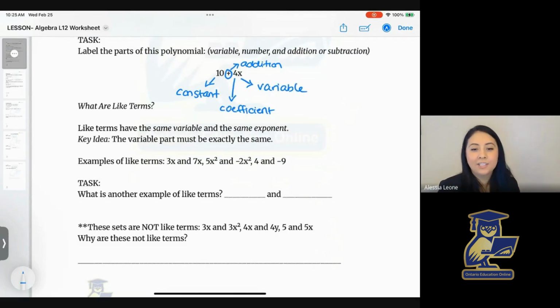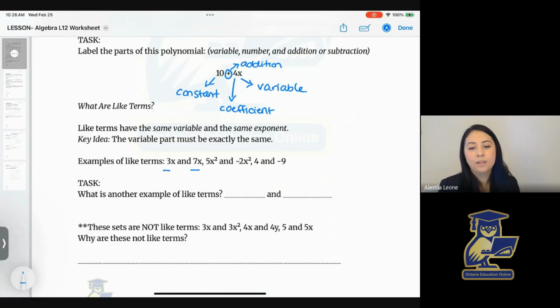What are like terms? Like terms have the same variable and same exponent. The variable part must be exactly the same. Example of like terms, 3x and 7x.